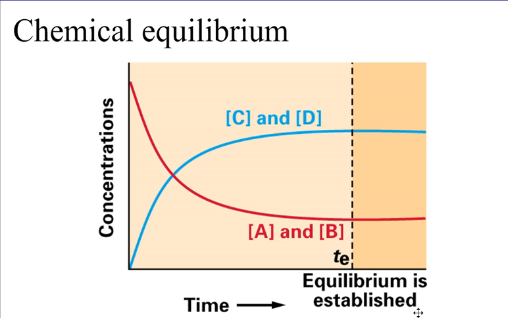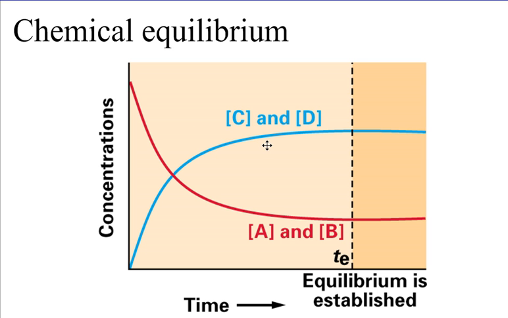If I look at a graph of the concentration of reactants versus the concentration of products per time in a reaction, I would assume that A and B here are my reactants because they are dissipating to form my products, which must be C and D because they are appearing. Concentration decreasing versus concentration appearing.